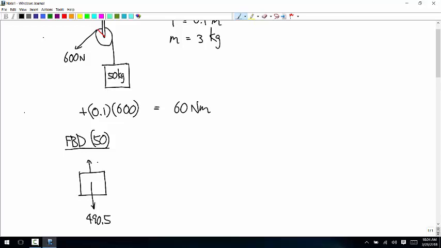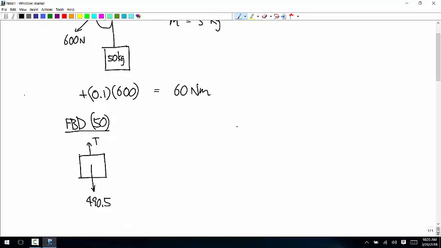We have force up of T. I guess one of the big differences here is that if the pulley has mass, you can't assume anymore that it's the same cable tension on the two sides of the pulley. So we can't assume that this is just going to be a tension of 600 pulling up on the mass.